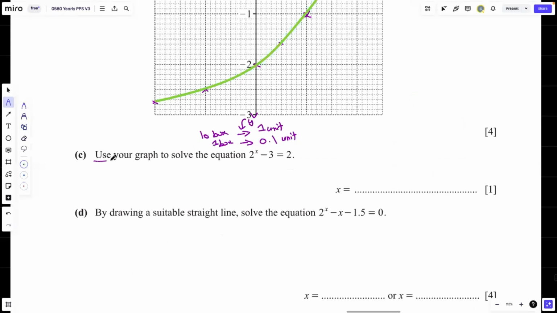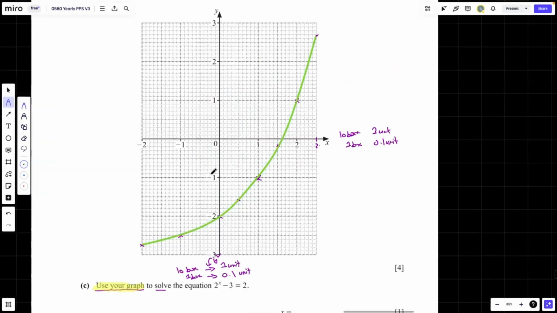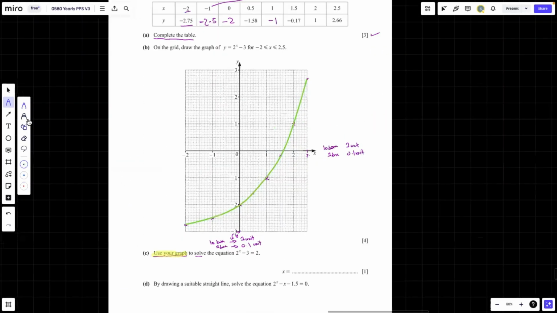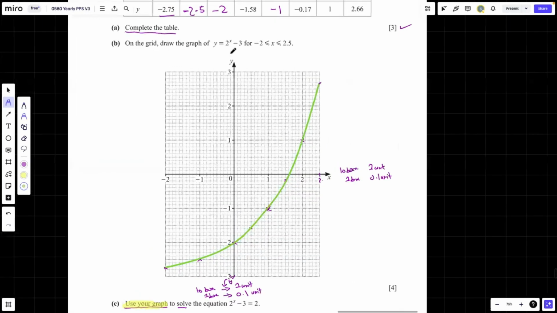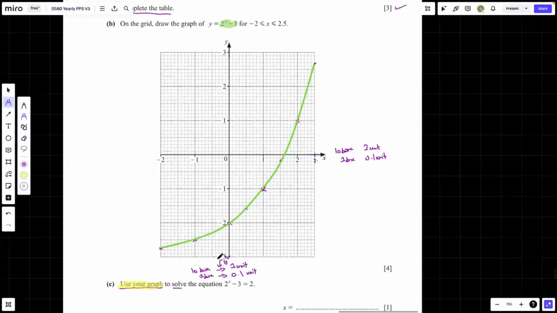Now, you're supposed to use the graph here to solve the equation. So this is like a must condition here. You have to use the graph. There's no other way you're doing this and getting the mark. Use the graph to solve the equation. The way that you do such questions is that you look at your initial equation. The initial equation in the question was this. Only the right side of it, without the y, is 2 to the power x minus 3.